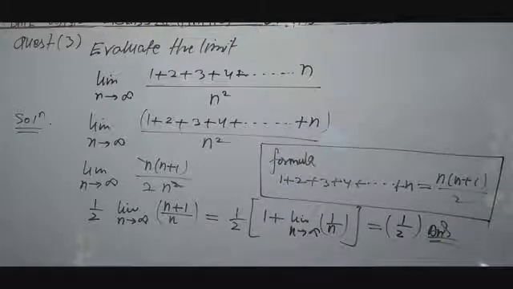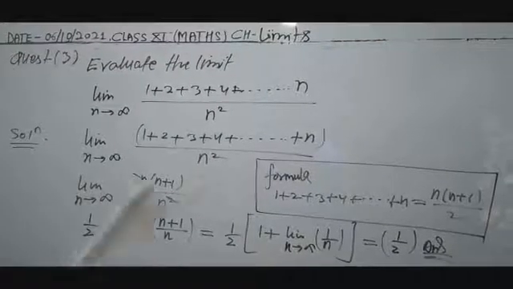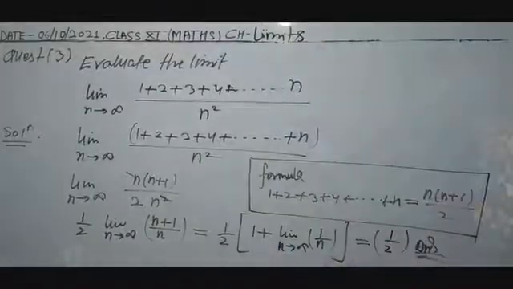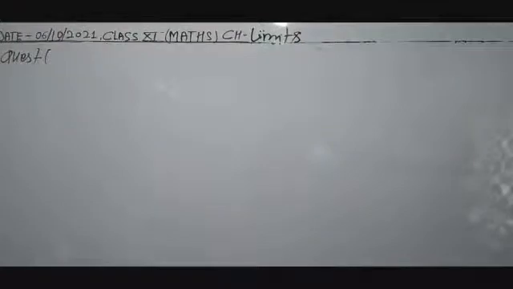Now I will come to the next question. The next question is question number 4. Question number 4 is limit x tends to 0, 1 minus cos 2x whole upon x square.